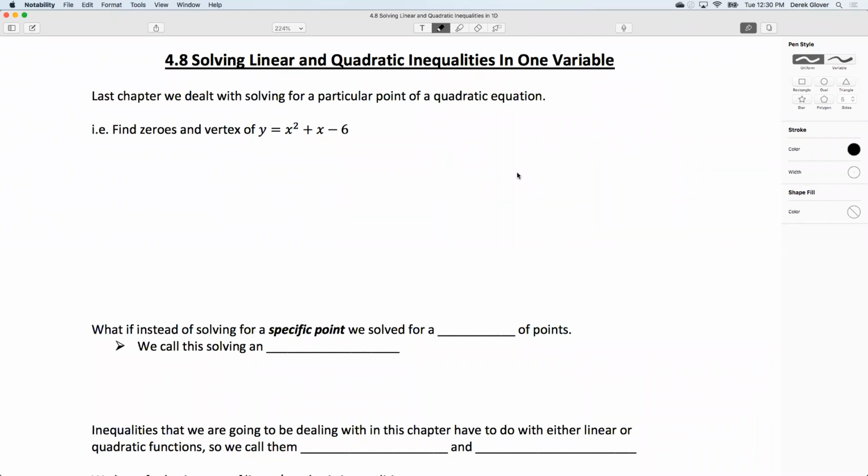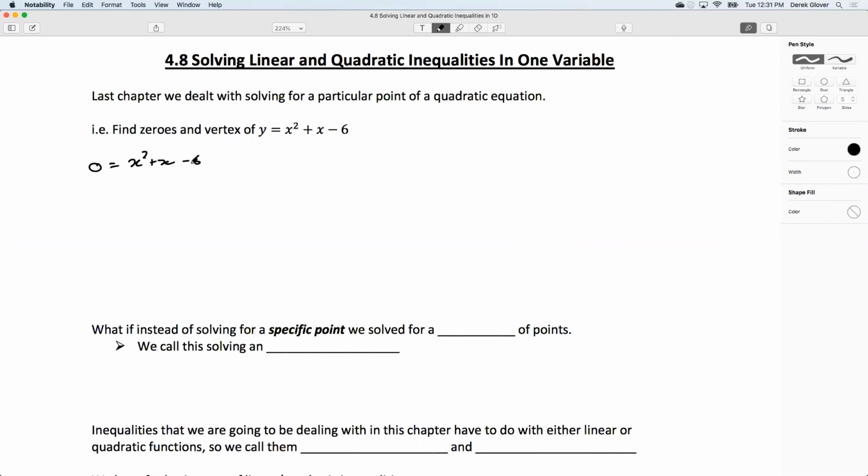So last chapter, we dealt with solving for a particular point of a quadratic equation, for example, zeros and the vertex. If we want to find the zeros of this equation, we could simply factor this function. So y = 0 equals x squared plus x minus 6, and we can factor that.